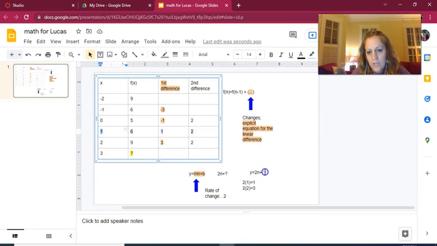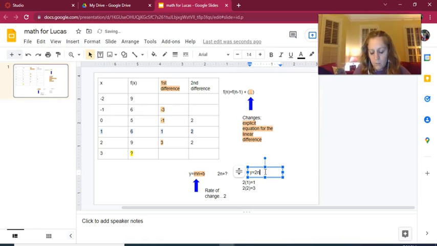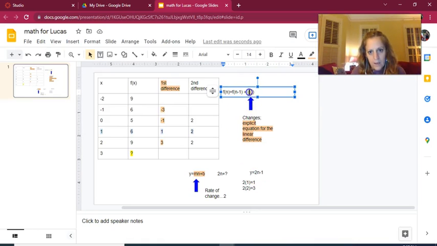So what goes over here is a negative 1 or just a minus 1. And that is what you take and put back up here. Okay? And that is the recursive equation for this quadratic equation.